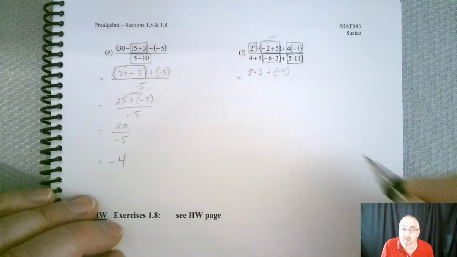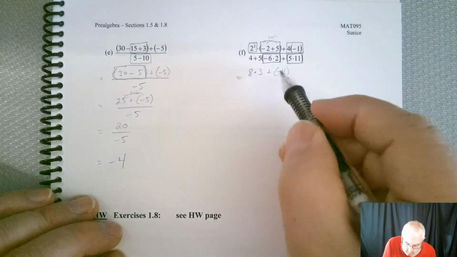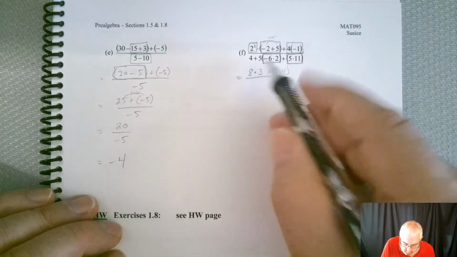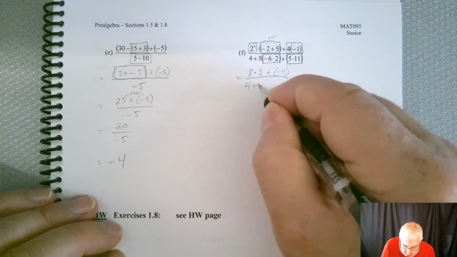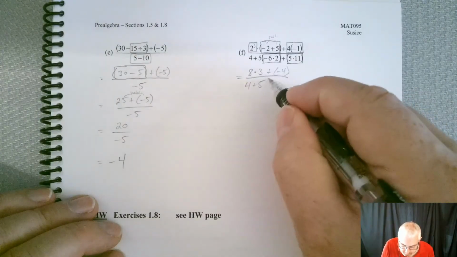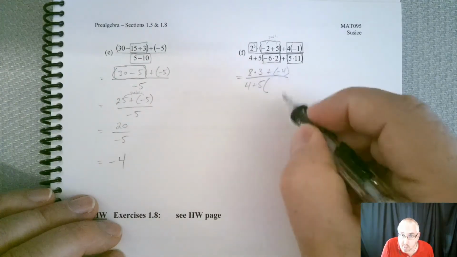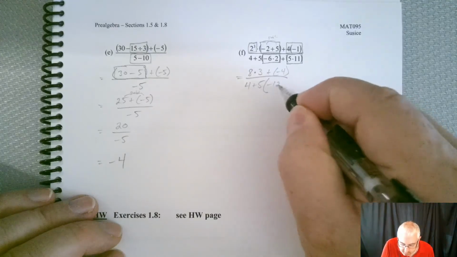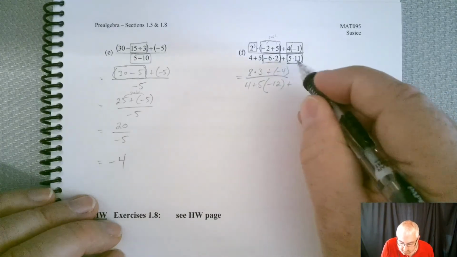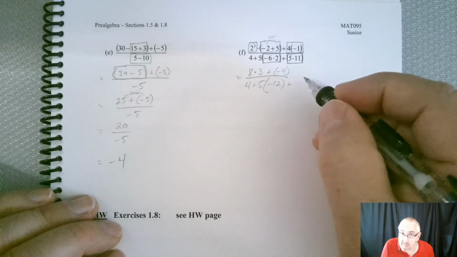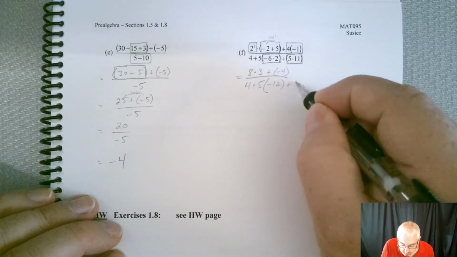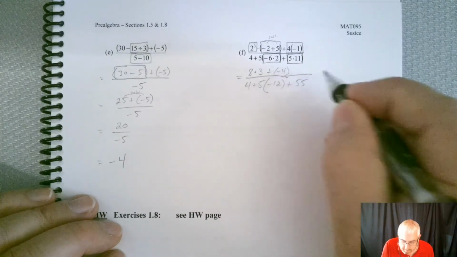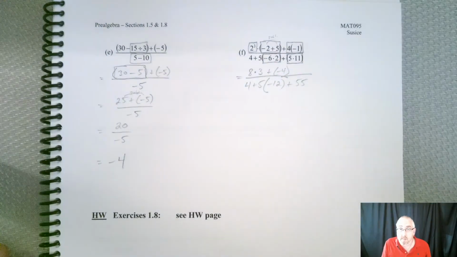And we'll use parentheses around that. Okay. The 4 plus the 5 we can't do yet. Negative 6 times 2 better be a negative 12. 5 times 11 is a positive 55, so we don't need the parentheses anymore. So there's step one. We broke down all those things.